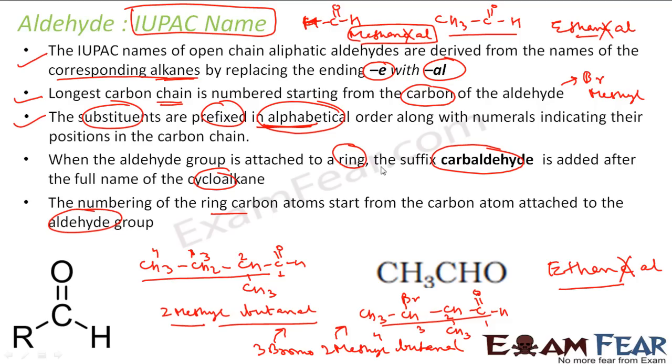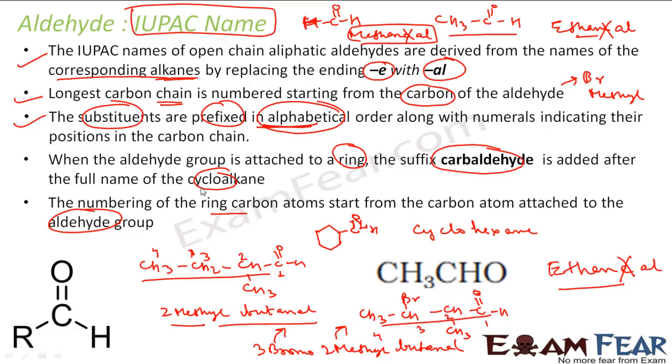Let's take one example of this ring. So let's suppose I have this cyclic compound, and here I have COH. Correct? So I have a cyclohexane and a carbaldehyde. So this name will be, cyclohexane first, I'll write.